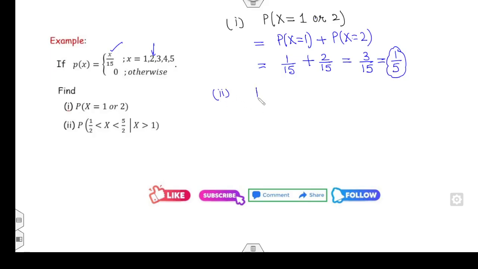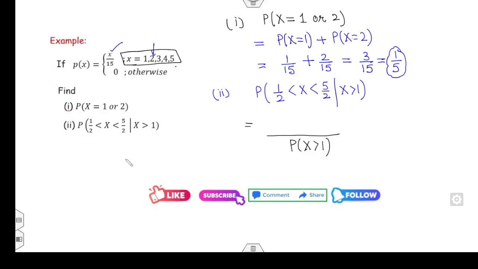Second part. Now again, it is my conditional: x is 2, given x greater than 1. So this implies, first we write the denominator, x greater than 1. Which values of x satisfy x greater than 1? 2, 3, 4, 5.